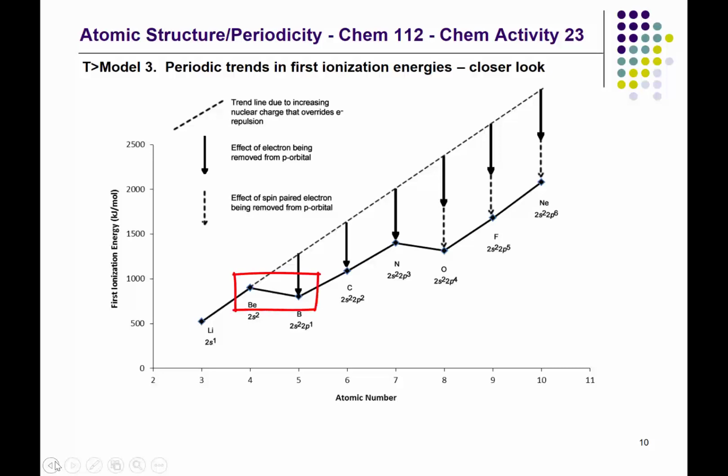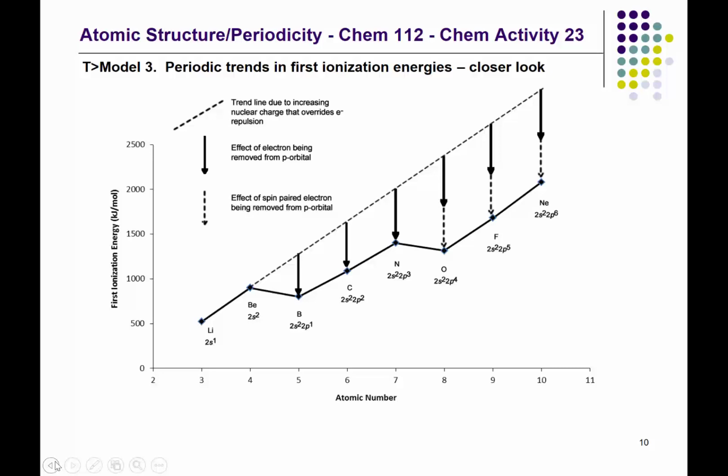In going from beryllium to boron, you see that the electron will be removed from a p orbital, as is true from carbon, as is true from nitrogen. And so I have solid arrows pointing downwards from the dashed line, indicating that the ionization energies are less than what you would expect because the electrons are being removed from a p orbital rather than an s orbital.